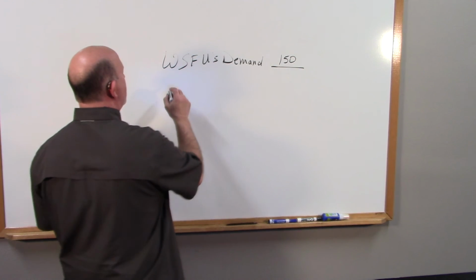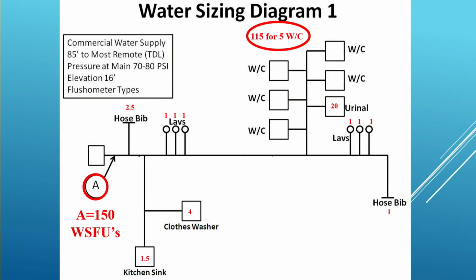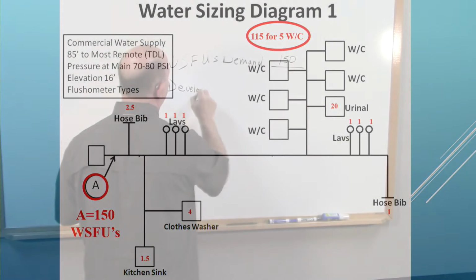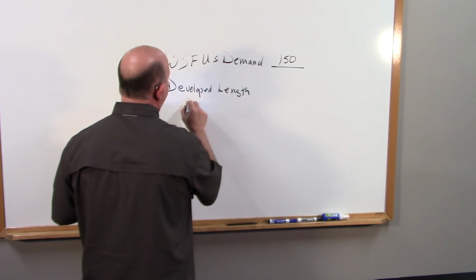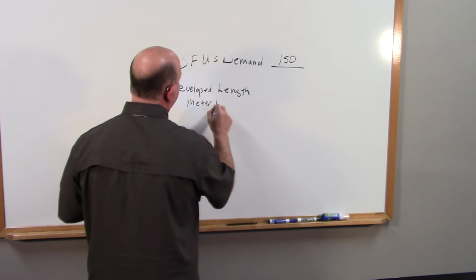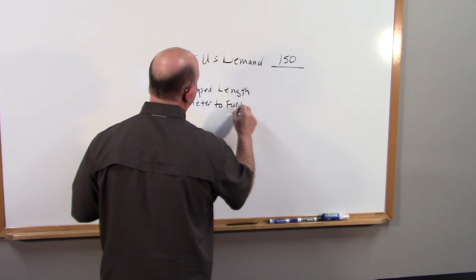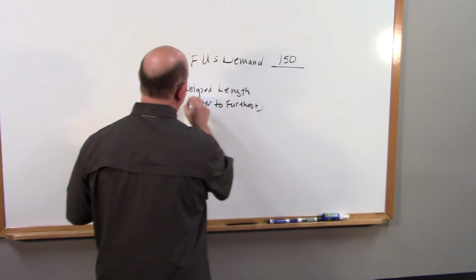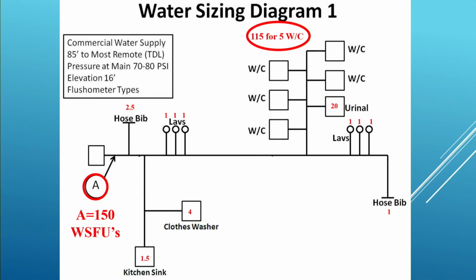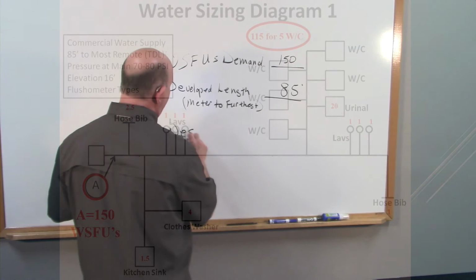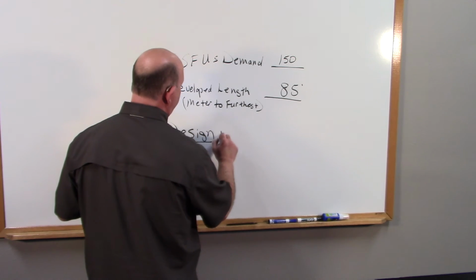And then I've got to know my design, my developed length, and that is from the meter to the furthest outlet, right? Do you agree that little box there told us we've got 85 feet from the meter to the furthest point, the developed length? Lastly, I've got to know my design, this is an important word, pressure.